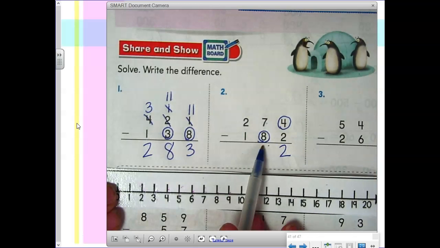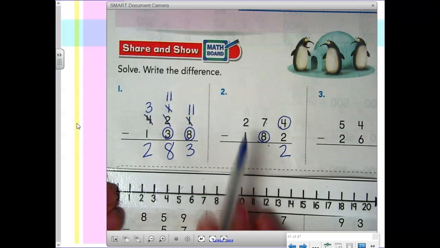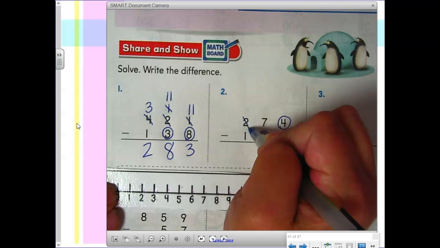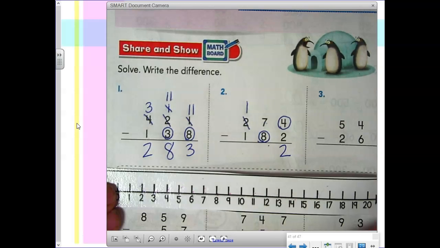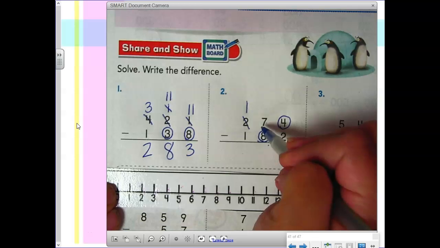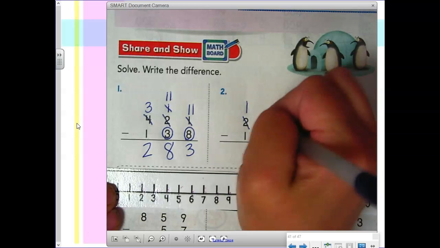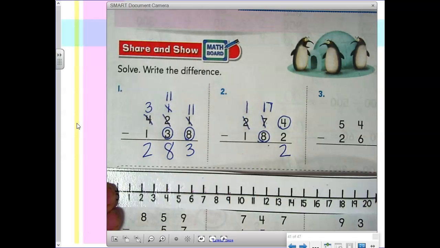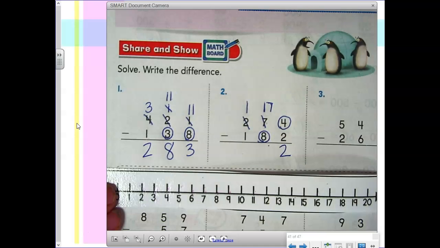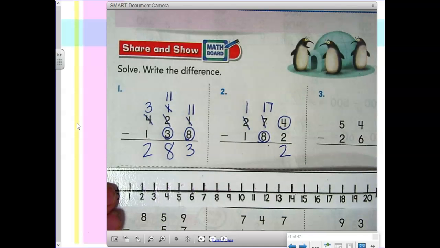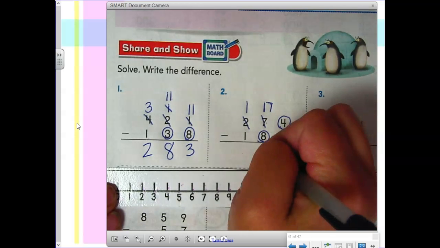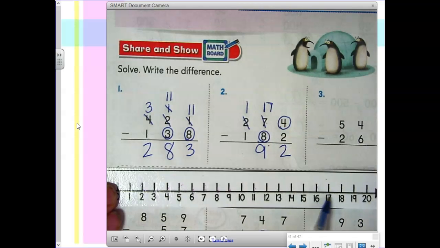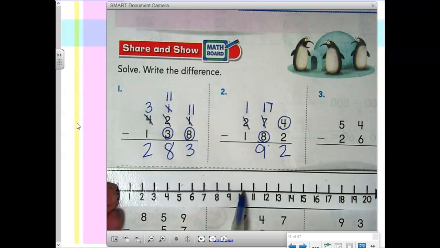If we have more on the floor, go next door and grab 10 more. 2 minus 1 is 1. 7 plus 10 is 17. 17 minus 8. 17, count back 8. 1, 2, 3, 4, 5, 6, 7, 8.